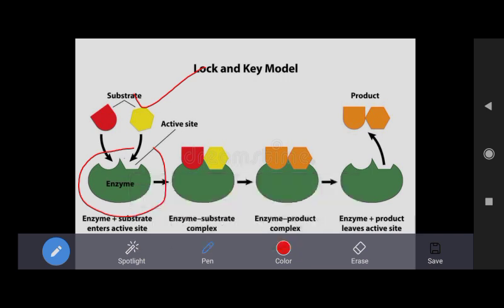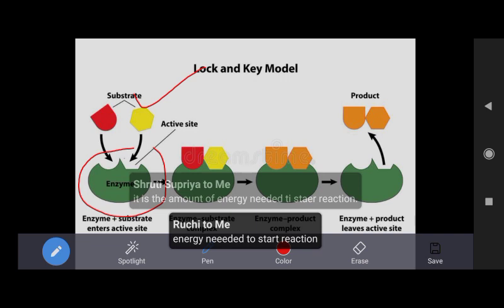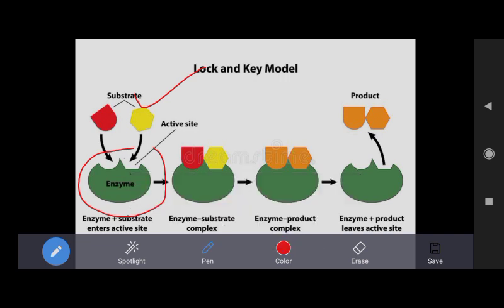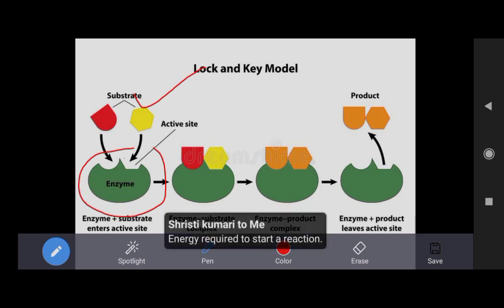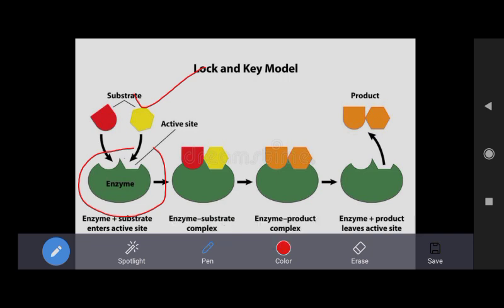Okay, Shruti, Ruchi. Very good. It is the minimum amount of the energy required for a chemical reaction to start. Correct. So when the enzyme binds with the substrate in the active site, this lowers the activation energy.